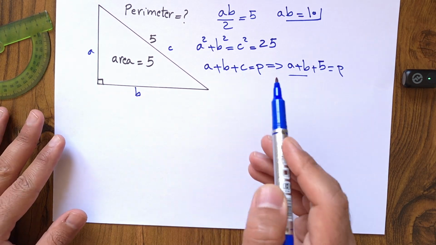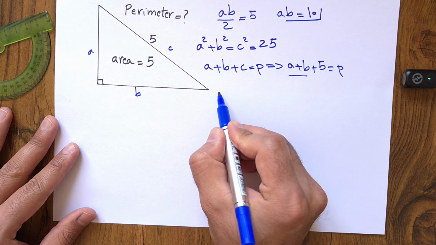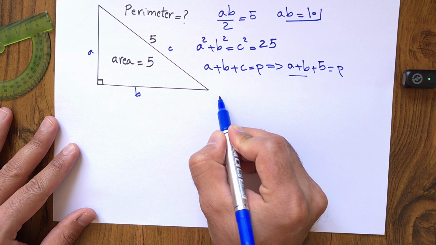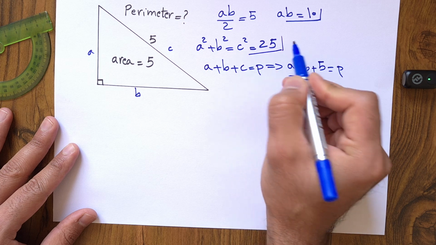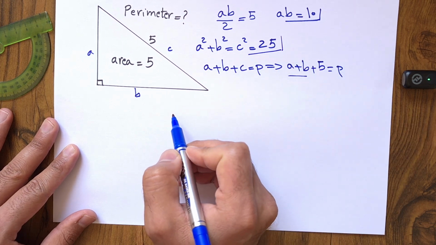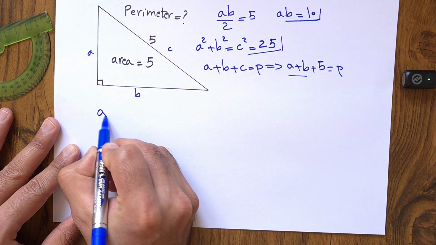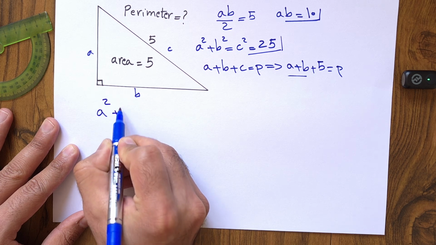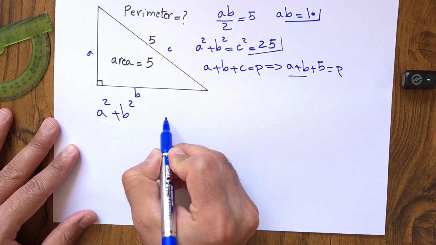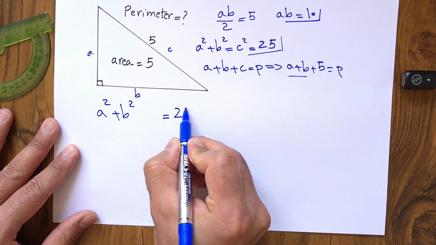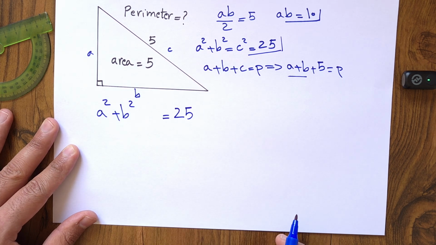Okay, for this approach, let's zoom in and focus on this relationship. Let me write it down here. A squared plus B squared equals 25, right? That's from the Pythagoras theorem.